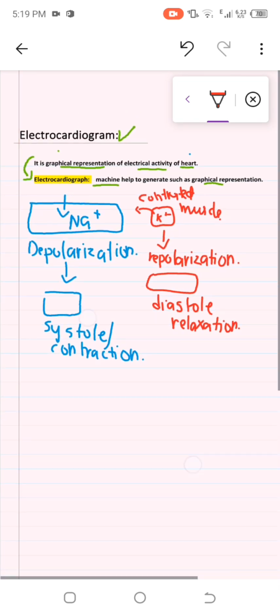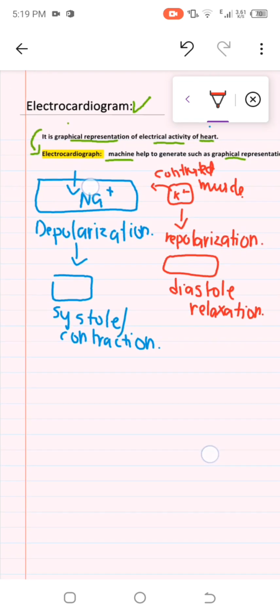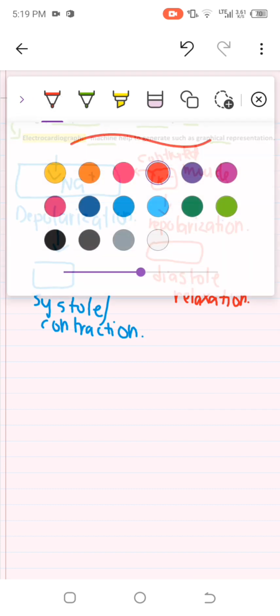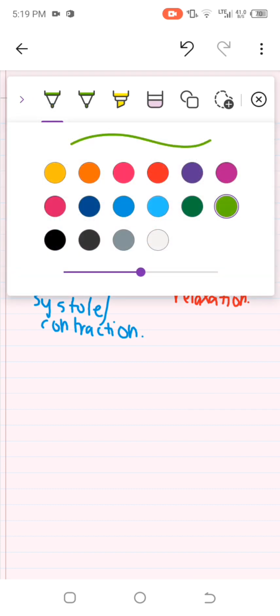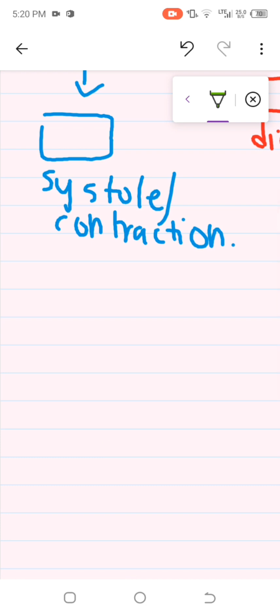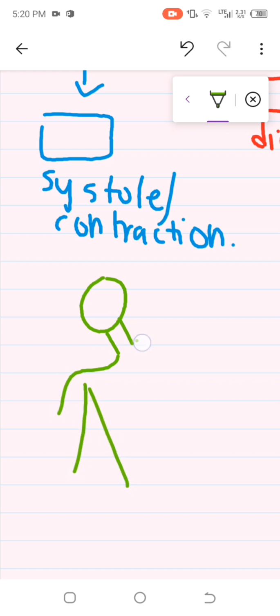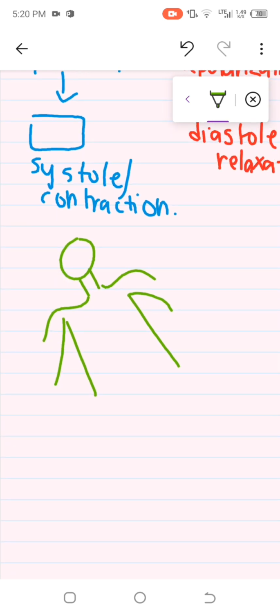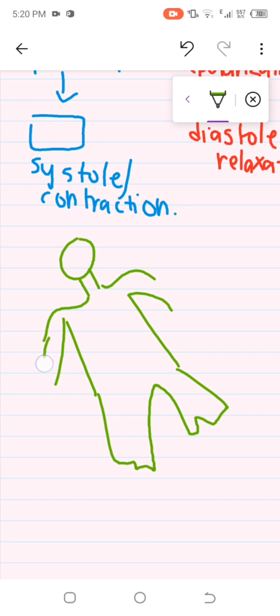Okay. So suppose I'm going to draw one human. This is what I have drawn, one human.